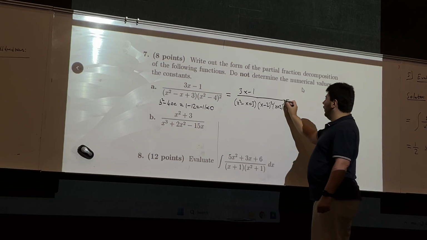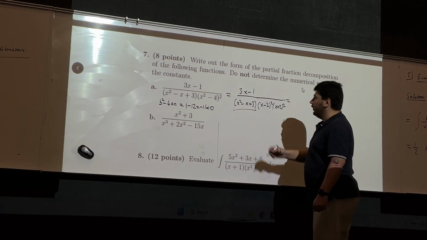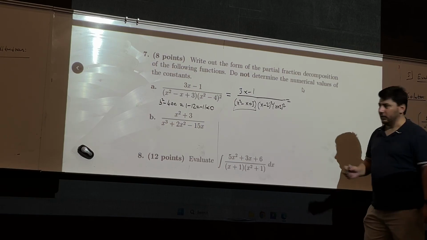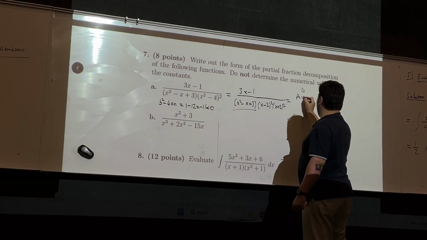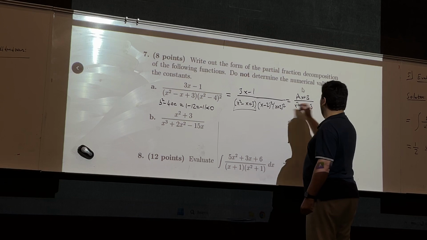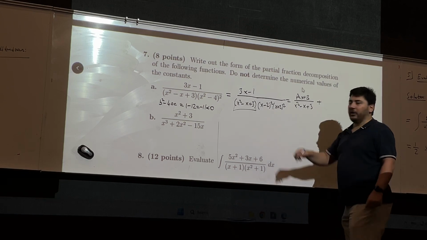So now for this one, what's the numerator? Ax plus B over x squared minus x plus 3. Plus, what's the numerator for this one?